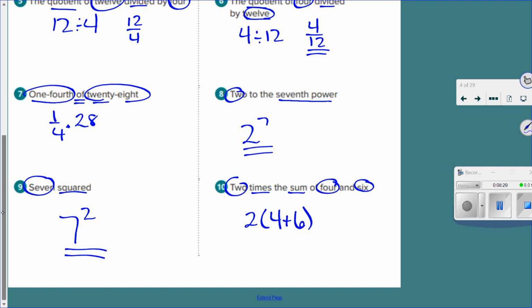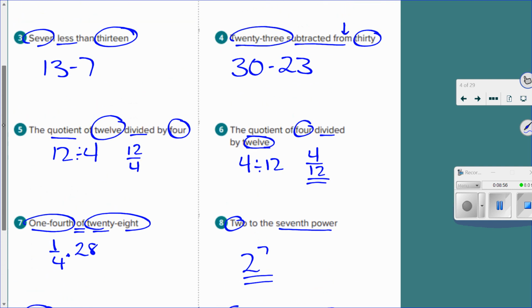If I put a times symbol, you're okay, as long as you did a times symbol and not a variable. If you did a variable, that would be wrong. So that would not cut it. Can't do that. That's a no-go. Okay? 4? There you go.